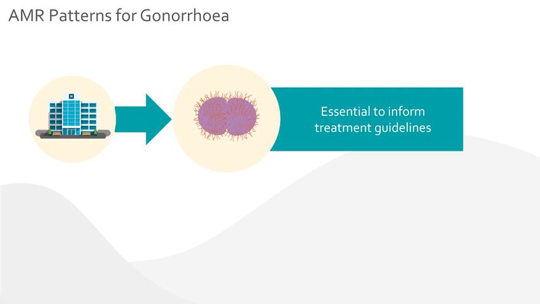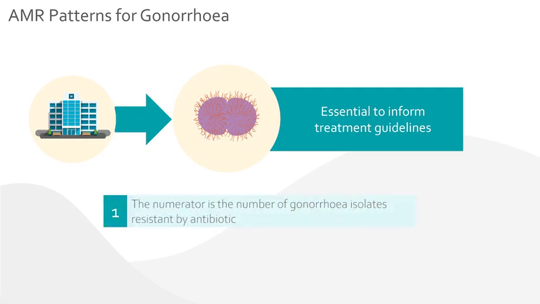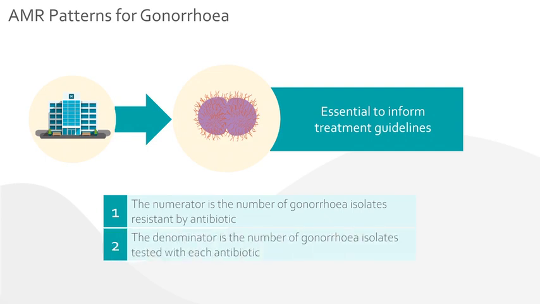The main outcome indicator is the proportion of gonorrhea isolates resistant to commonly used antibiotics. To calculate this, the numerator is the number of gonorrhea isolates resistant by antibiotic. The denominator is the number of gonorrhea isolates tested with each antibiotic.